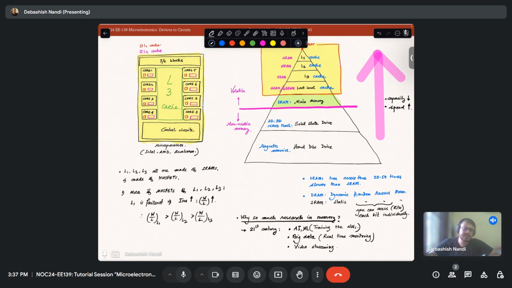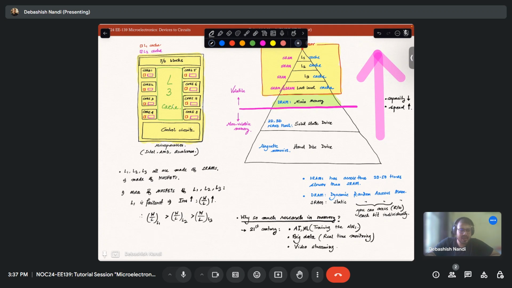Then in multiple industrial applications, for example, if you talk about railways, they monitor every aspect of the signaling involved on a real-time basis. So that is a huge chunk of data.